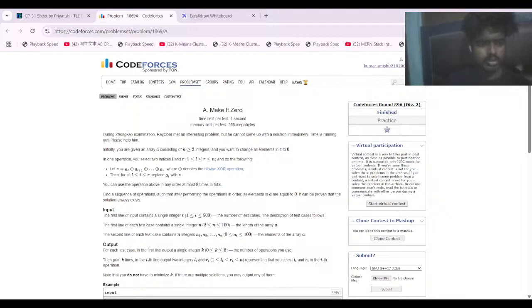So you can just use the operation, right?